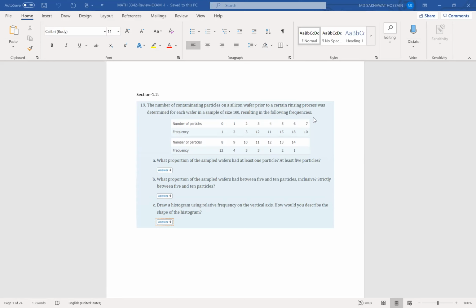There will be a total of 6 questions. The questions will be similar to the review problems, but you might not expect exactly the same questions. Maybe there will be 1 or 2 questions from the review, maybe with different numbers, but the questions will be similar. Any other question?